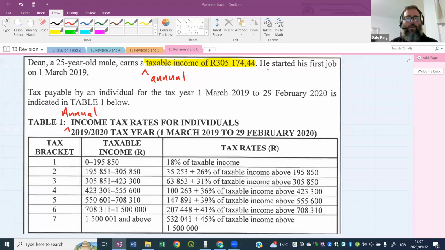All right, good. Yes, he's in number 2. All right, so he's got 305,175, and number 2 goes up to 305,850. If you go over 305,850, you will have to go into number 3.